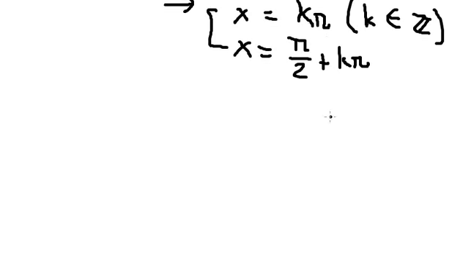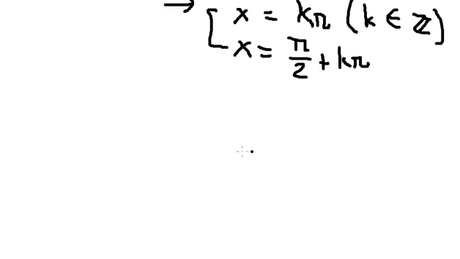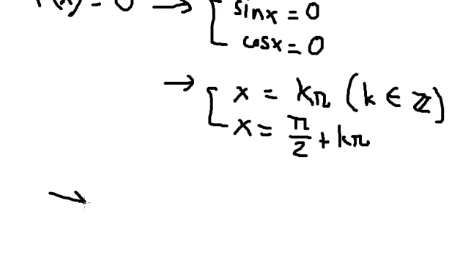So we need to find the values of x between this interval. For this one, that should be x equal to number 0, π, and 2π.